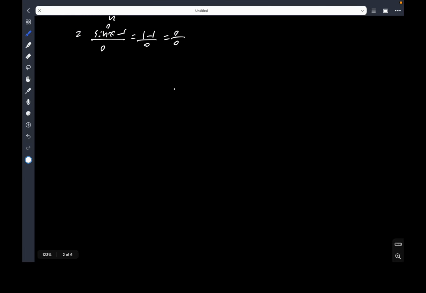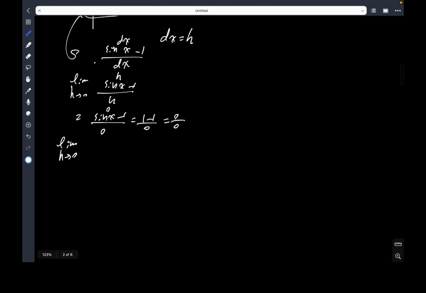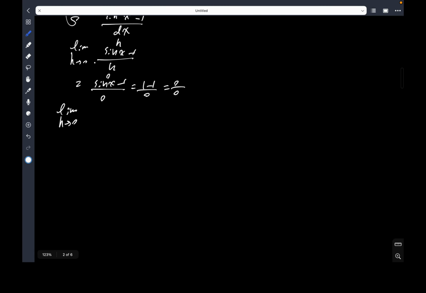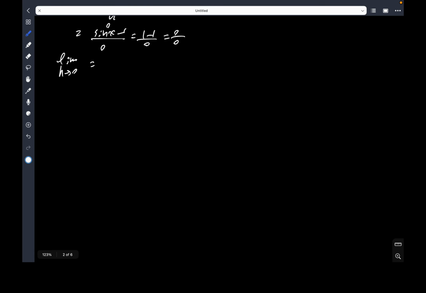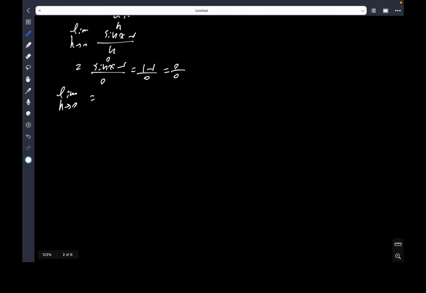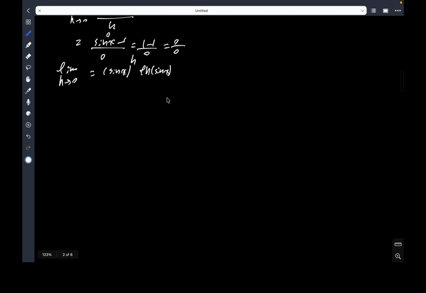So, how should we use L'Hopital's rule? We're going to differentiate both numerator and denominator. Thus, it's going to be sine x to the power of h times ln of sine x, because it's exponential, over 1.